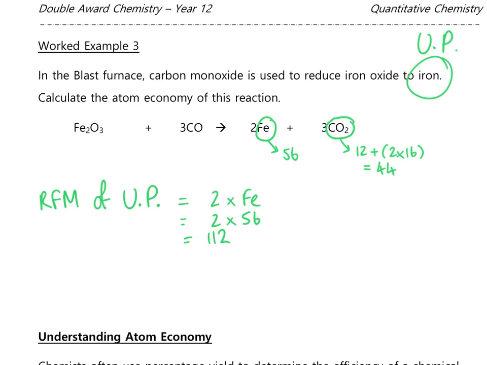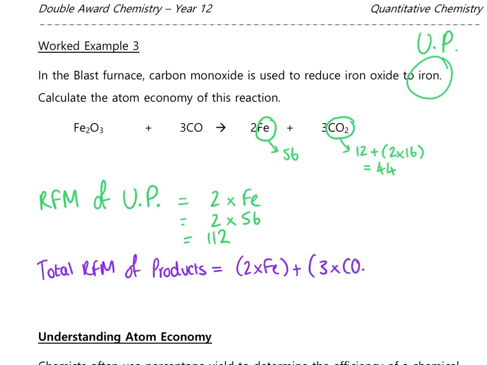What do I need to work out now? The total RFM of the products. For your total RFM of the products, you need to do 2 times iron plus what? What's your other product? 3 carbon dioxides.